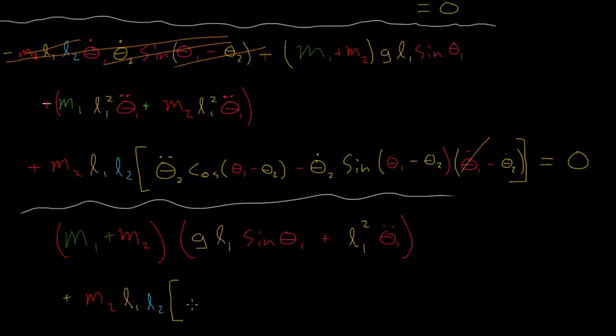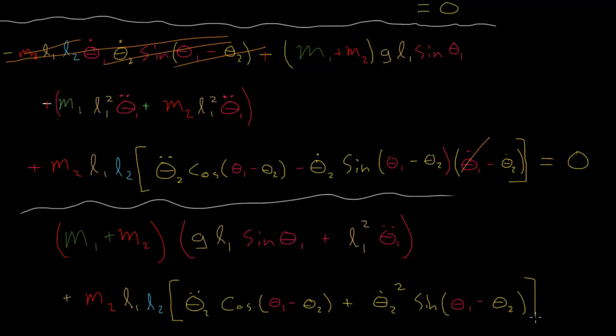So we'll use this theta 2 double dot cosine of theta 1 minus theta 2, minus theta 2 dot squared of the sine of the difference, right? And actually this is a plus because this was a minus sign here, and this is a minus sign, so minus minus turns into a plus. The sine of the difference of the angles. The sine of theta 1 minus theta 2.